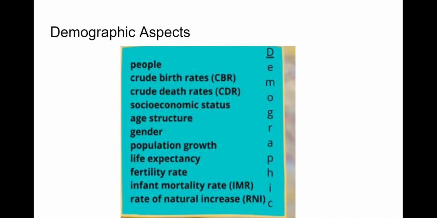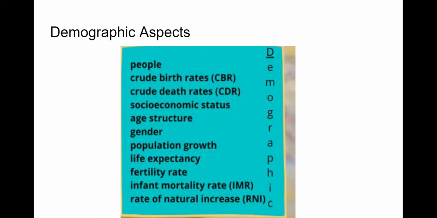And the last one is demographic. Demographic we're not going to pay as much attention to in the first unit, because unit 2 is on population, and that's all demography. You'll learn about all of these things in depth. Basically demography has to do with the study of population.